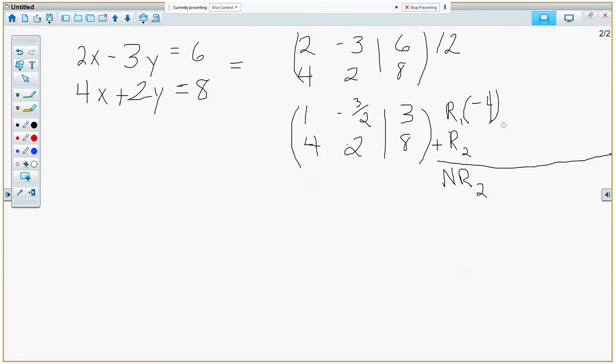So what's row 1 multiplied by negative 4? Well, negative 4 times 3 over 2, positive 12 over 2, which is 6. And negative 4 times 3 is what? Negative 12.